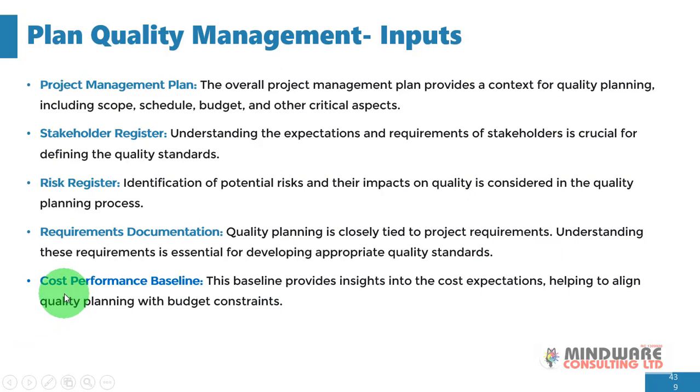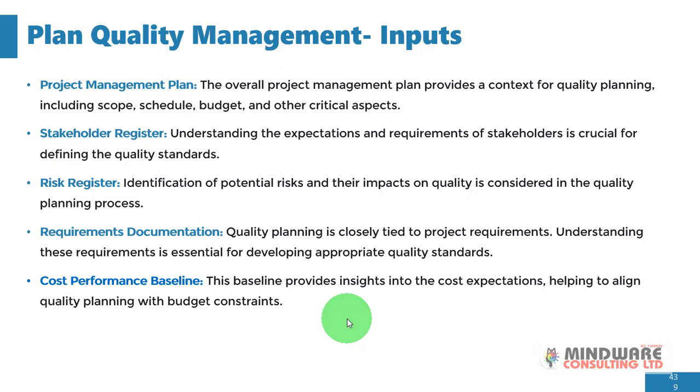Alright, so another input is the cost performance baseline. This baseline provides insight into the cost expectations, helping to align quality planning with budget constraints. Okay, so when we're talking about quality, as far as project management is concerned, you cannot leave out the costs.